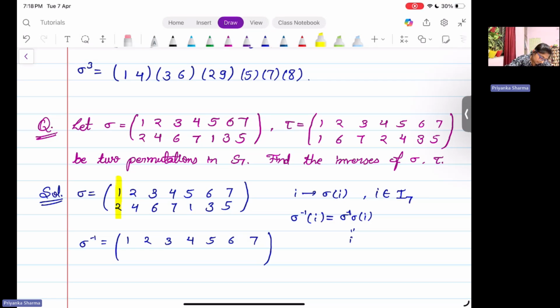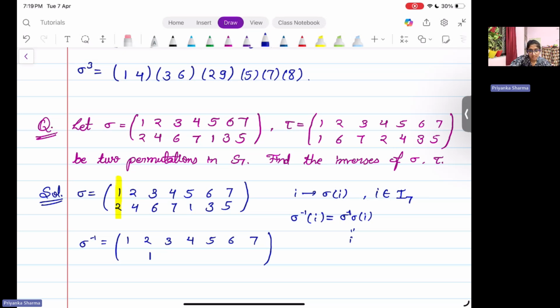Okay. That is, if 1 is mapped onto 2, or the image of 1 under sigma is 2, then the image of 2 under sigma inverse will be 1. Okay, so this will be 1. And alternatively, if we want to find out the image of 1, so here, this is the domain, this is the codomain for sigma.